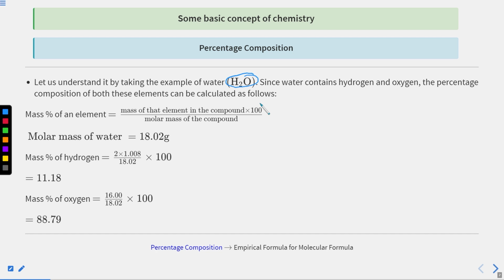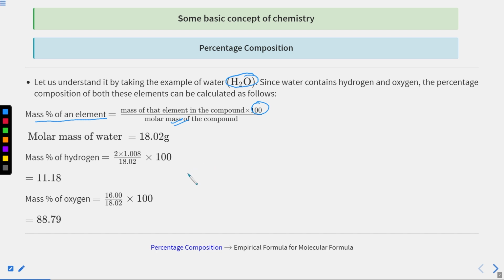Now, what is the percentage of hydrogen and what is the percentage of oxygen, or what mass percentage is this hydrogen donating to the compound? For that we have something called percentage composition. To calculate the mass percentage of a given element, it would be the mass of that element in the compound divided by the molar mass of the compound, multiplied by 100.